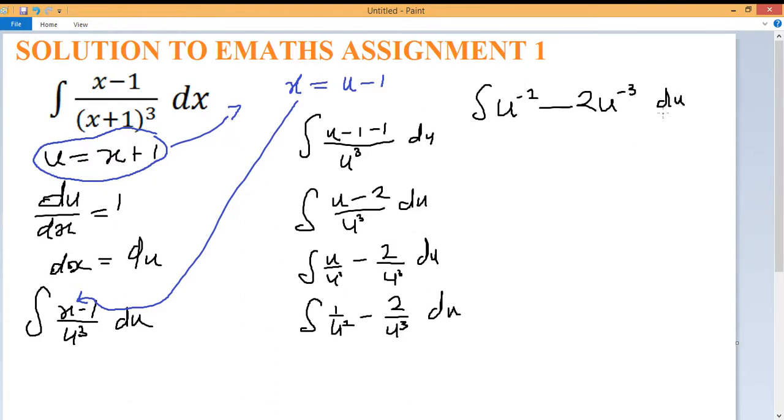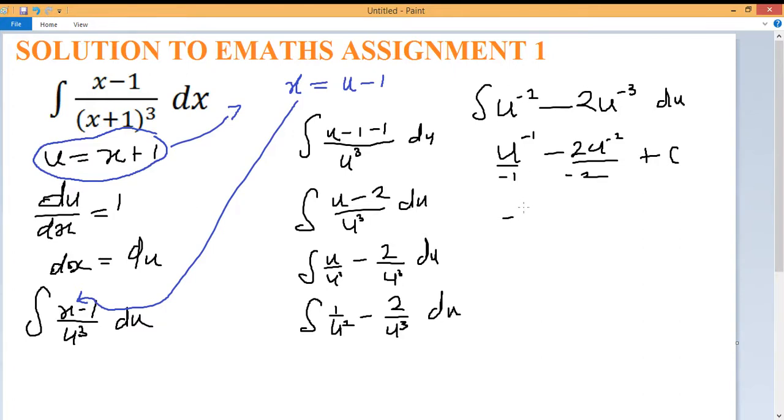Then we integrate term by term. Increase the power here, we'll get negative 1. Then we divide by the negative 1. Increase the power here, we'll get negative 2. Then we divide by the negative 2. Then add the arbitrary constant of integration.